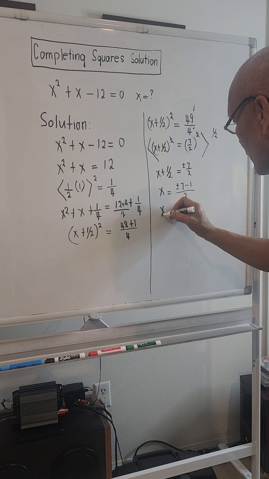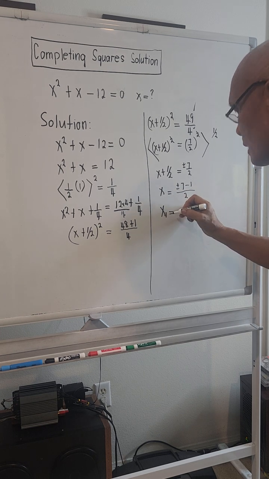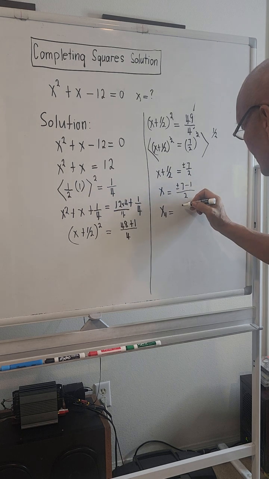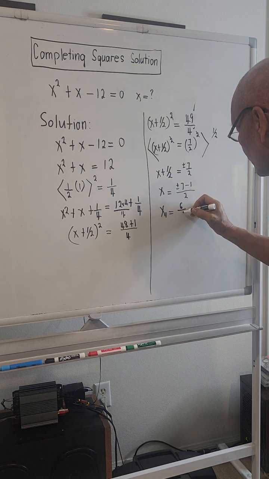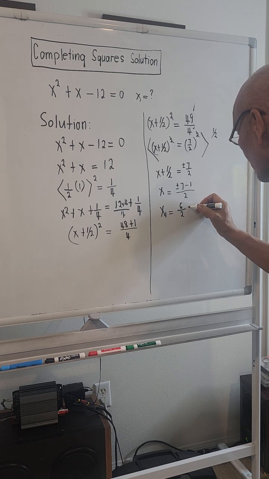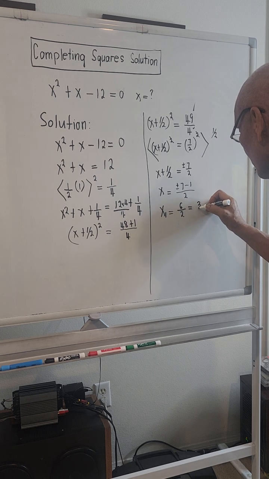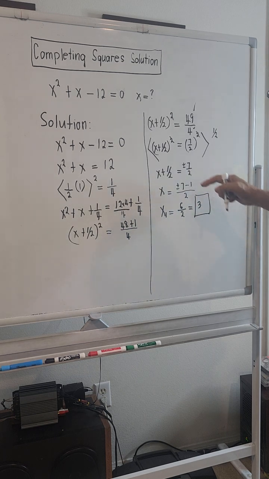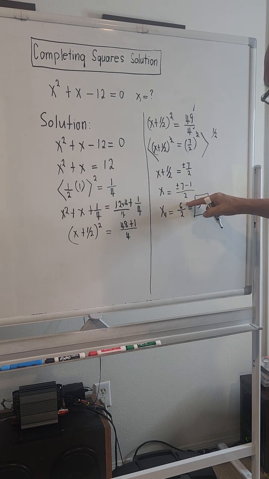So x1, if we use the positive side, plus 7 minus 1 is 6 over 2, and x1 will be equal to 3. So this is the first value of x.